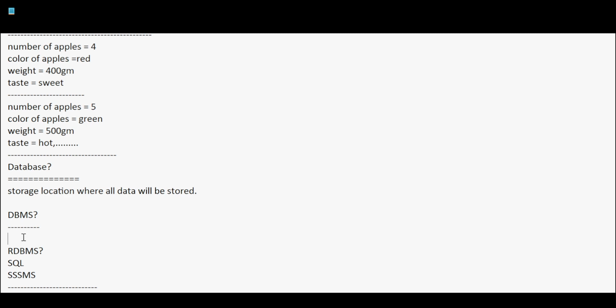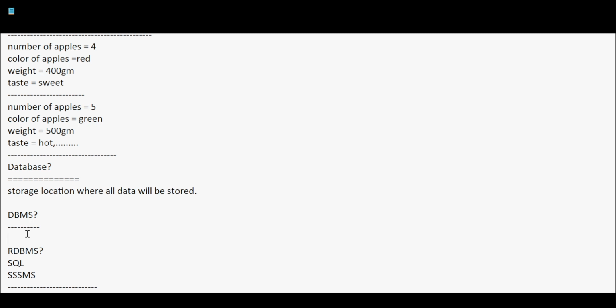If you want to create a database, modify the database, or store data in the databases, we use an application called DBMS. This is the management system that we use to create, modify, and update our databases and the data in them as well.